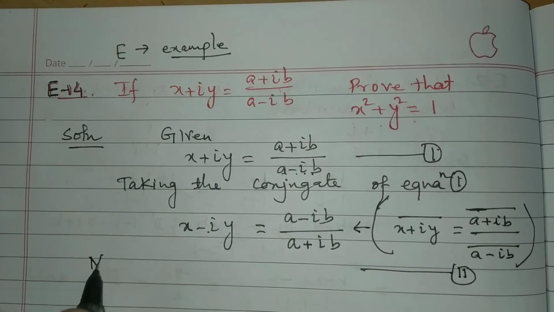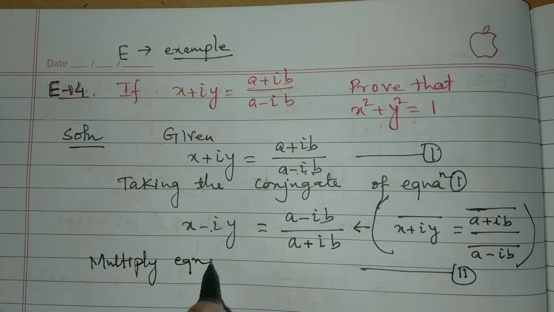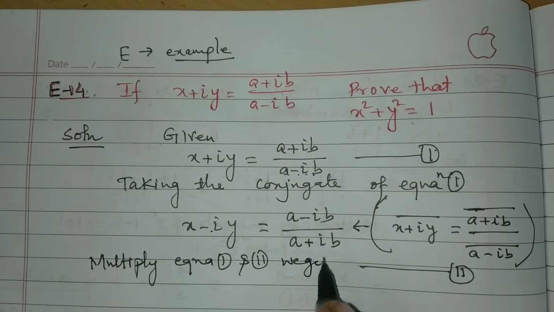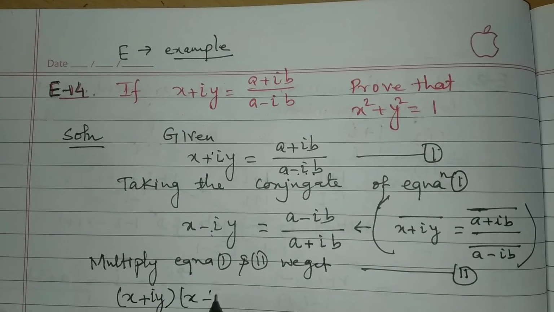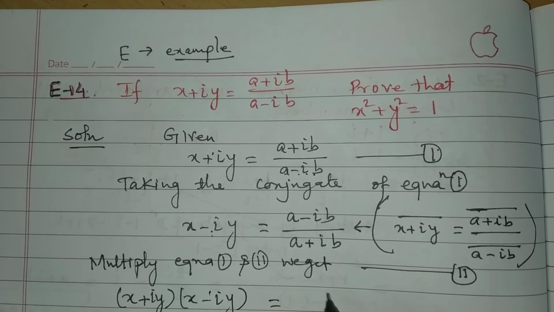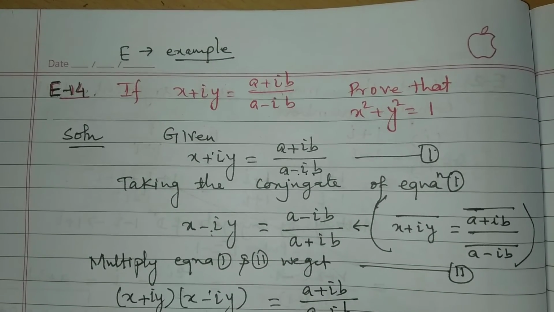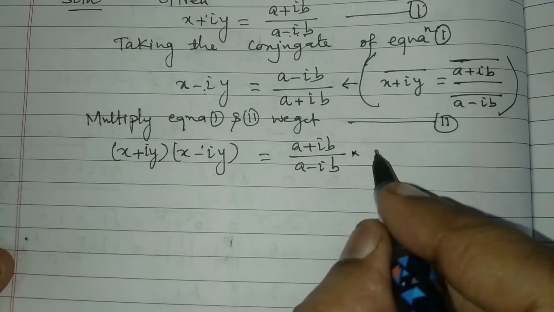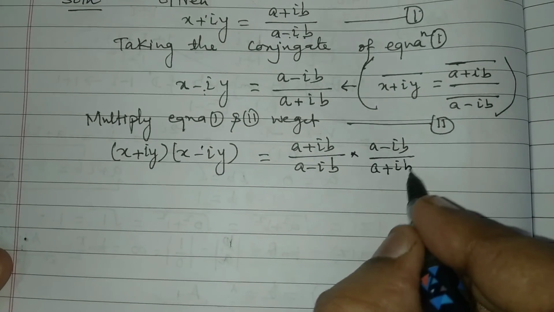Now multiply equations 1 and 2. We get, this into this, x plus iy into x minus iy, is equal to a plus ib by a minus ib into a minus ib by a plus ib.